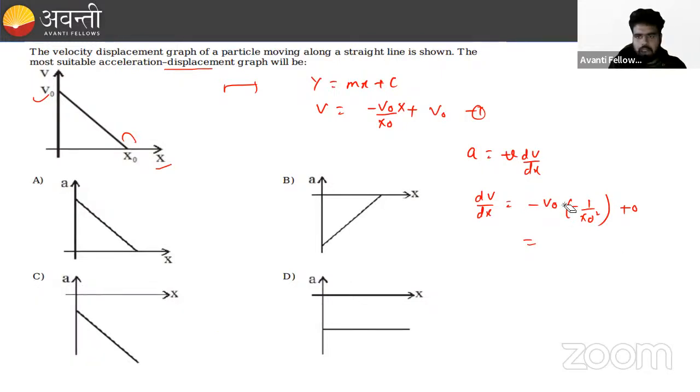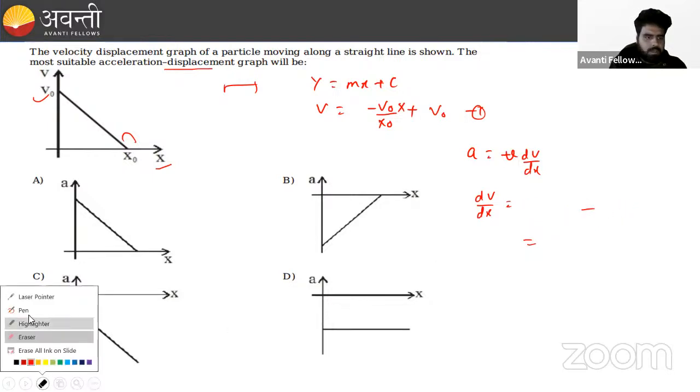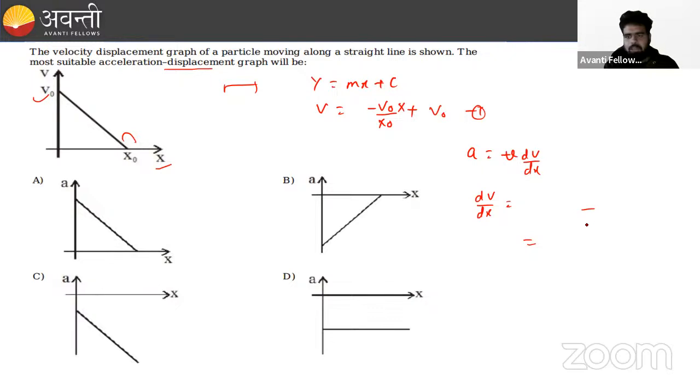If you differentiate this function, dv upon dx can be written as: differentiation of x is 1 and v naught is 0, so dv upon dx is minus v naught upon x naught.